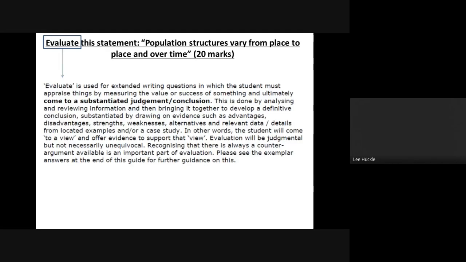And have a look at the final bit there, where you see where it starts. Evaluation will be judgmental, but not necessarily unequivocal. Now that's important. It then says, recognise that there is always a counter argument, and that's technically what you're doing in a 20-mark essay question. You are creating an argument. You're creating debate within the answer itself.